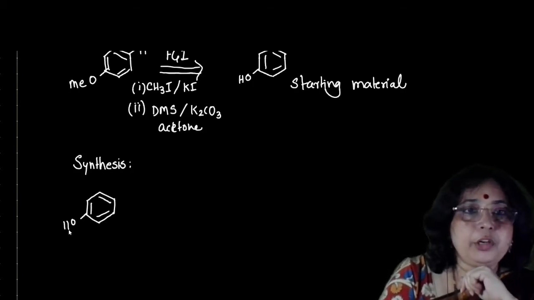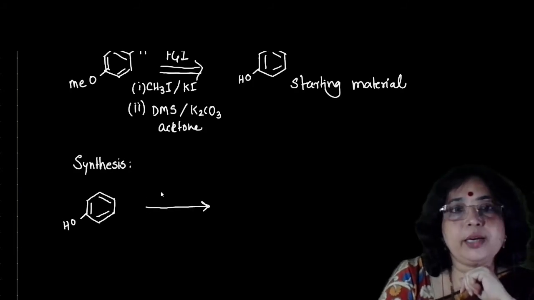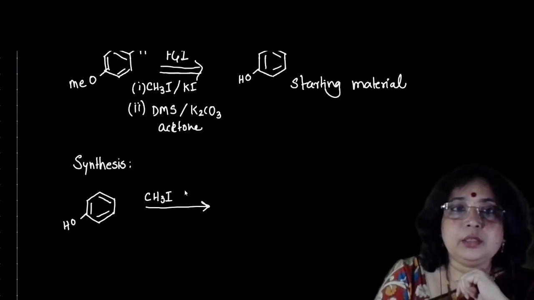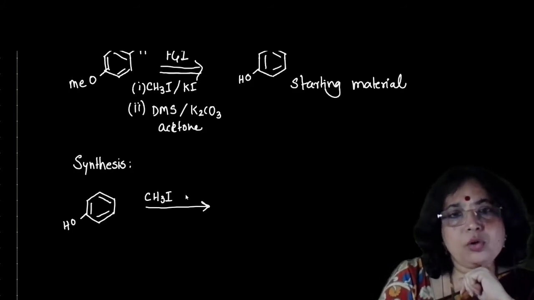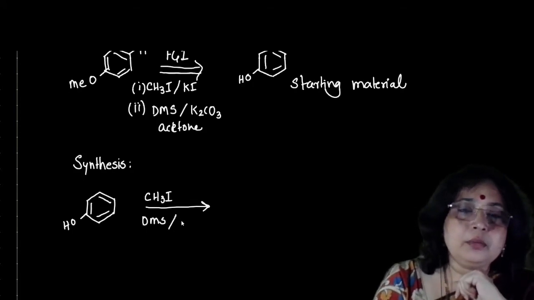So phenol as a starting material. Here, as I told you, you can use methyl iodide in the presence of potassium iodide, or you can also use dimethyl sulfate as a methylating agent.